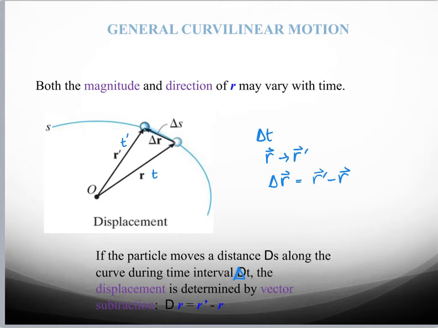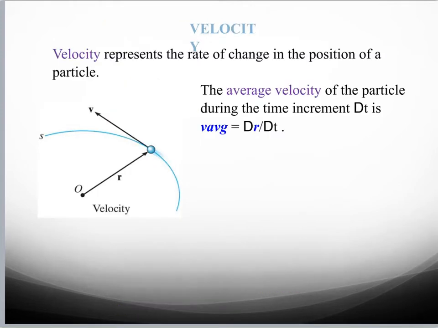And so delta r represents the displacement. And then if we look at the velocity, sorry, not all of our symbols are translating. Our average velocity is just going to be that displacement over delta t.